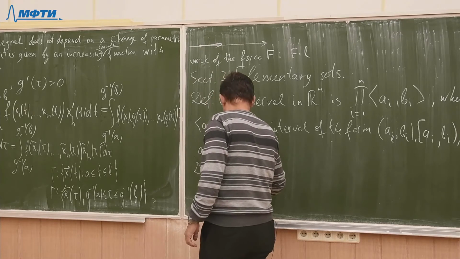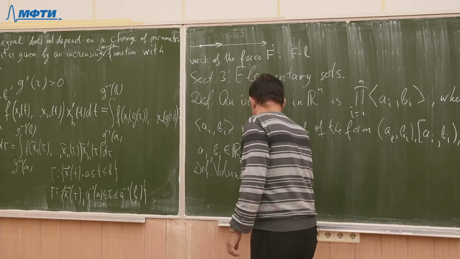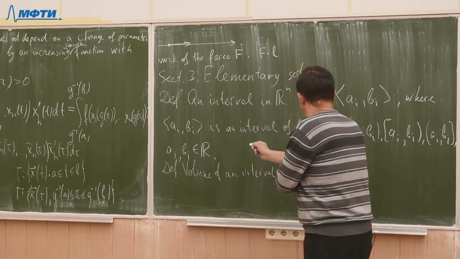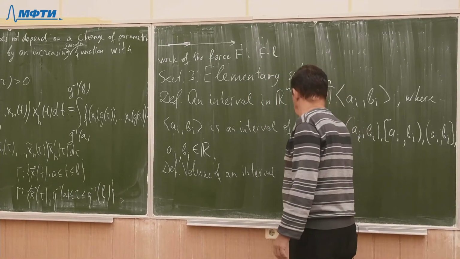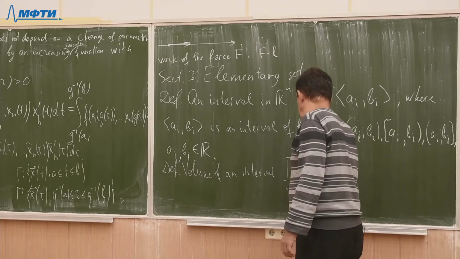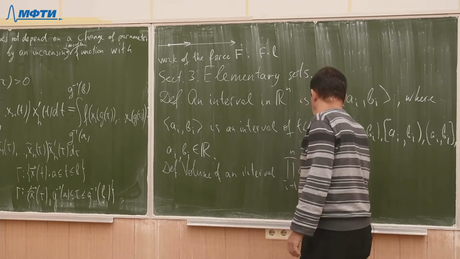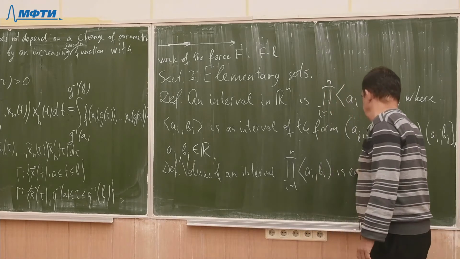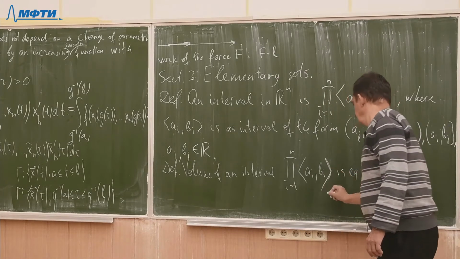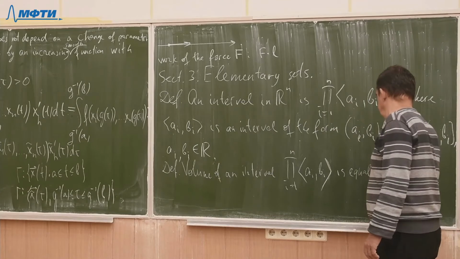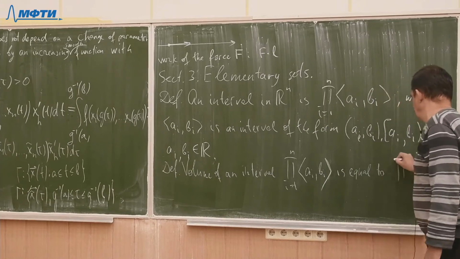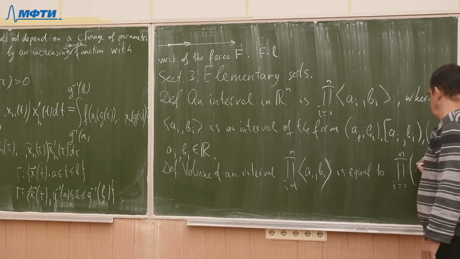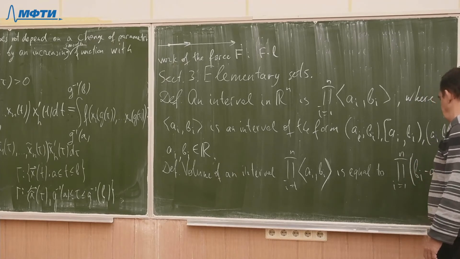Volume of an interval [ai, bi] is equal to the product of lengths of sides, bi minus ai.